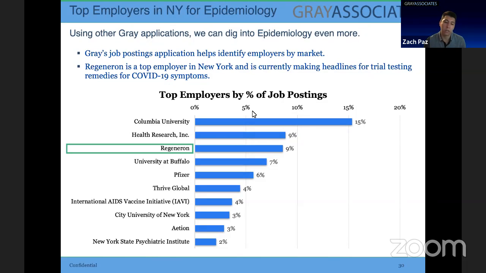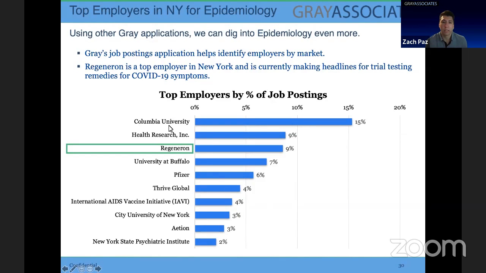We can actually do text search within the job postings to really identify relevant opportunities for graduates. And so in this case, here are just some of the top employers and their percent of the job postings. Columbia University has the highest share with 15%.